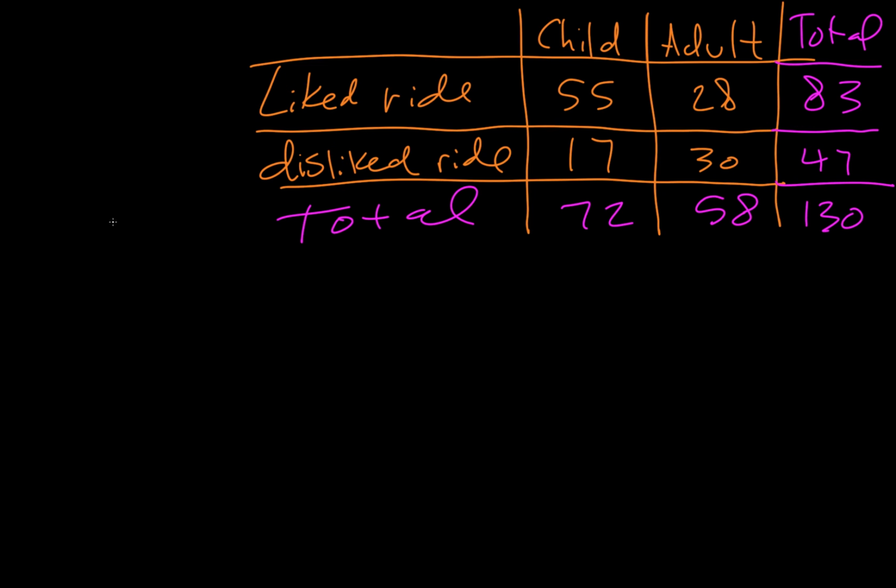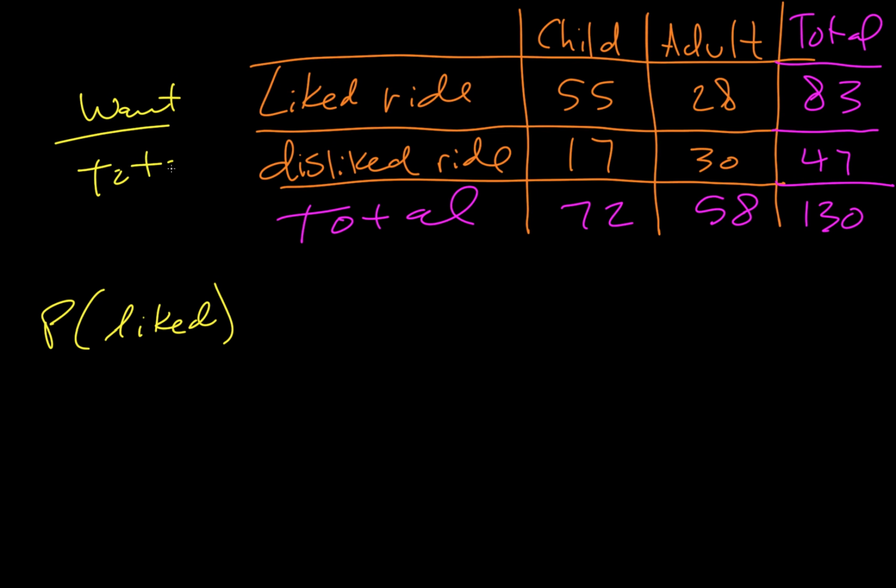Okay? Now, like I stated before, we want to find the probability that somebody liked the ride. And so we just need to focus on this total. So 83 is what we want, remember we're doing this idea of what we want divided by the total. So there's 83 people who liked the ride.